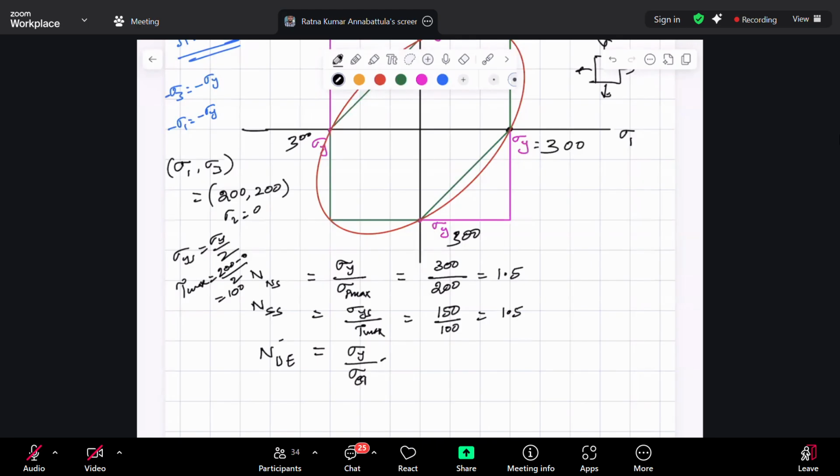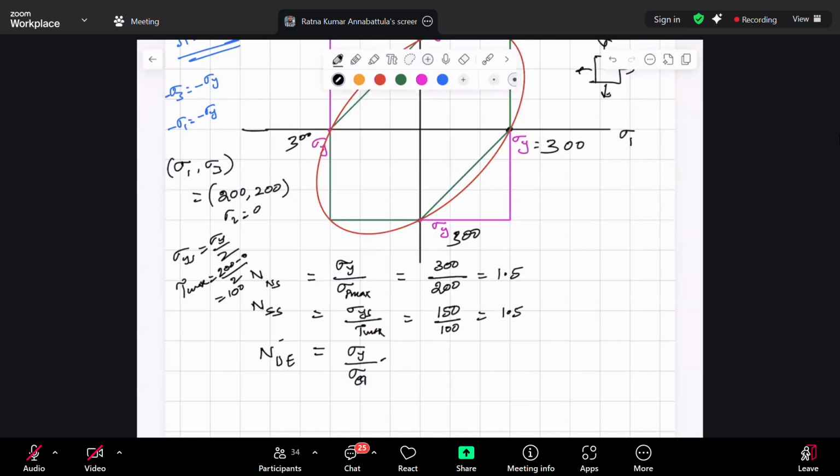And how about distortion energy theory? Sigma y is 300. We have to find the equivalent stress. Do you remember the formula? Sigma equivalent is the square root of sigma 1 square plus sigma 2 square plus sigma 3 square minus sigma 1 sigma 2 minus sigma 2 sigma 3 minus sigma 1 sigma 3.